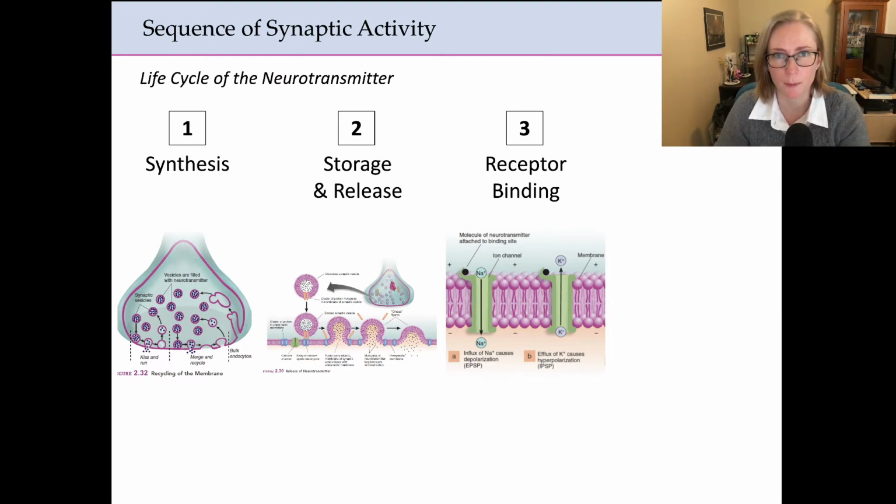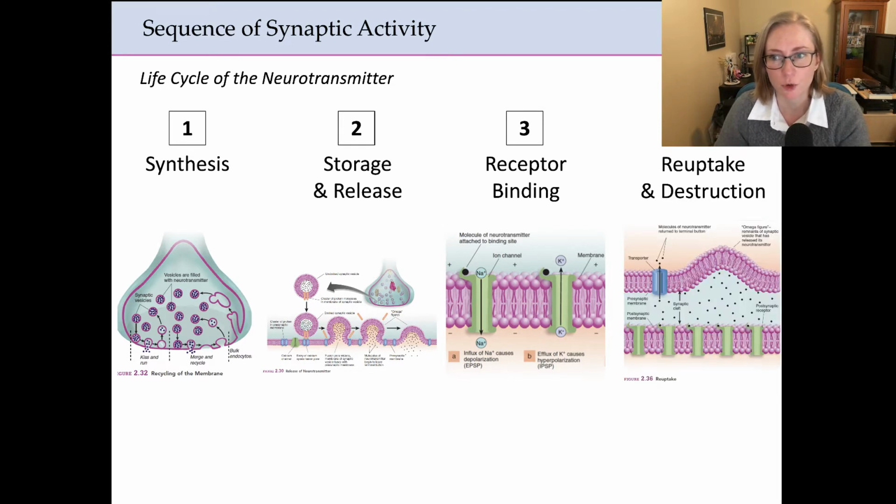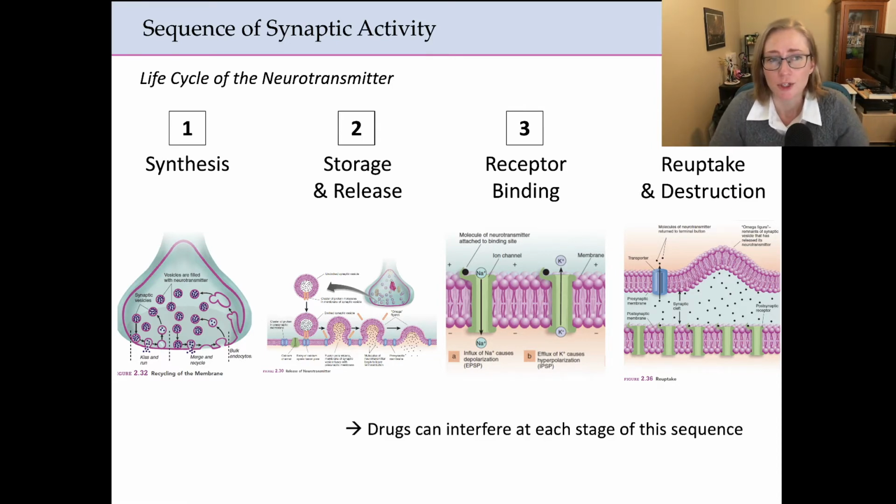But we will talk a bit more about different ways receptor binding can occur, and then of course reuptake, so recycling, by transporters that are found presynaptically, and destruction if that's going to be the case. And this is important. This is what I was trying to get you to write about on the take-home quiz, that drugs can interfere at every single stage here.